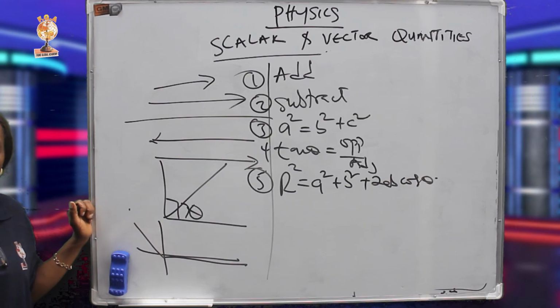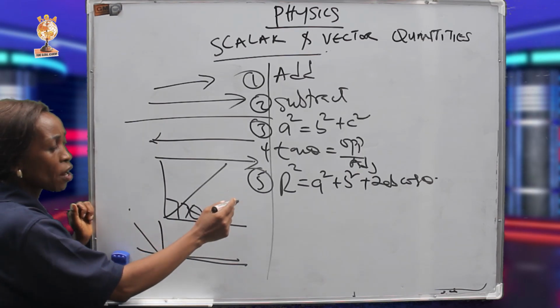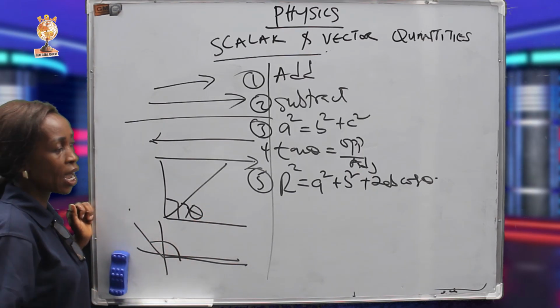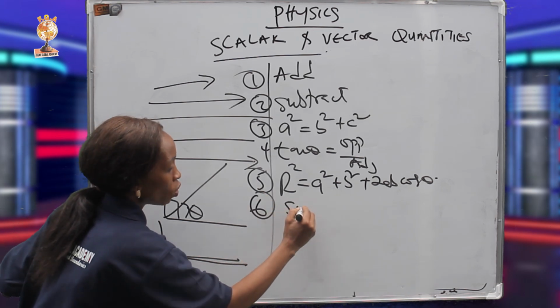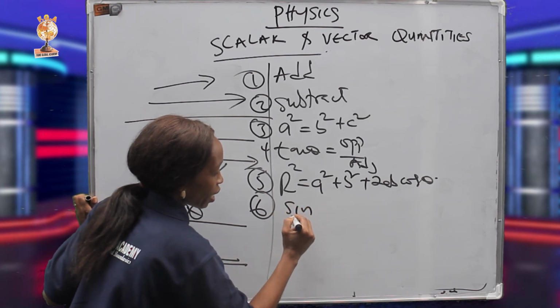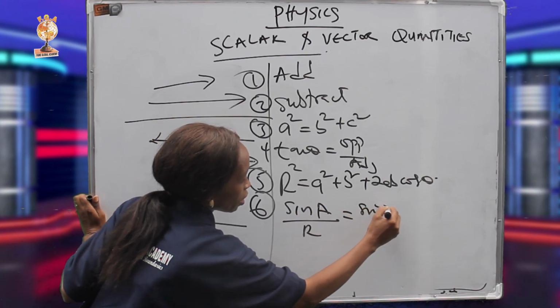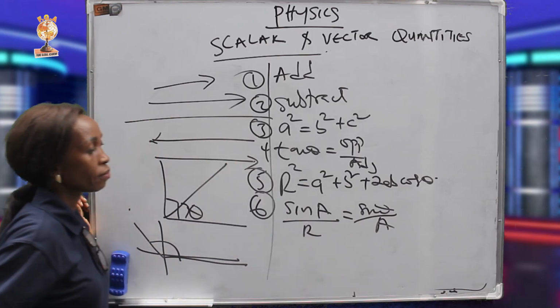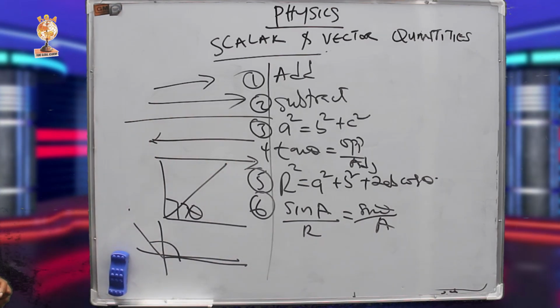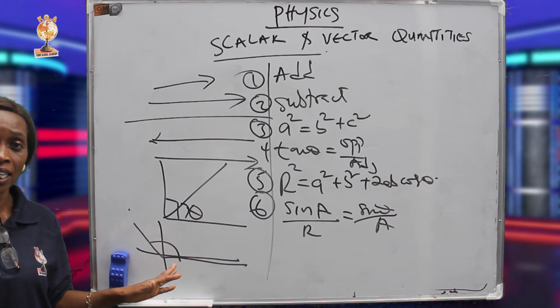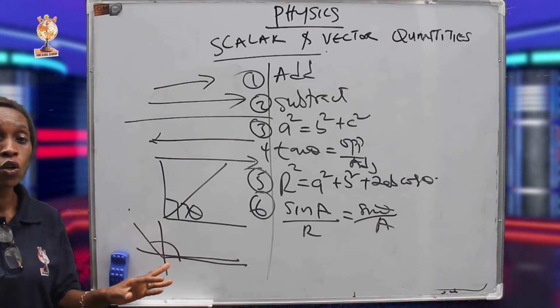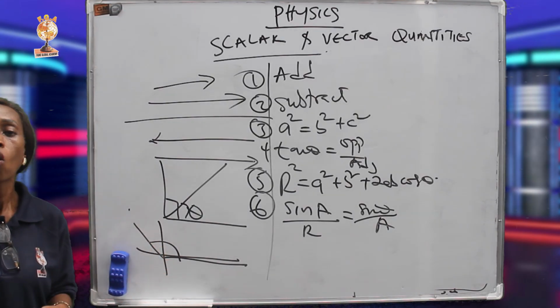When they are at an obtuse or acute angle, I use the cosine rule, and to find the angle I use the sine rule, which is sine A all over R equals sine theta all over A, when the two vectors are at an obtuse or an acute angle.